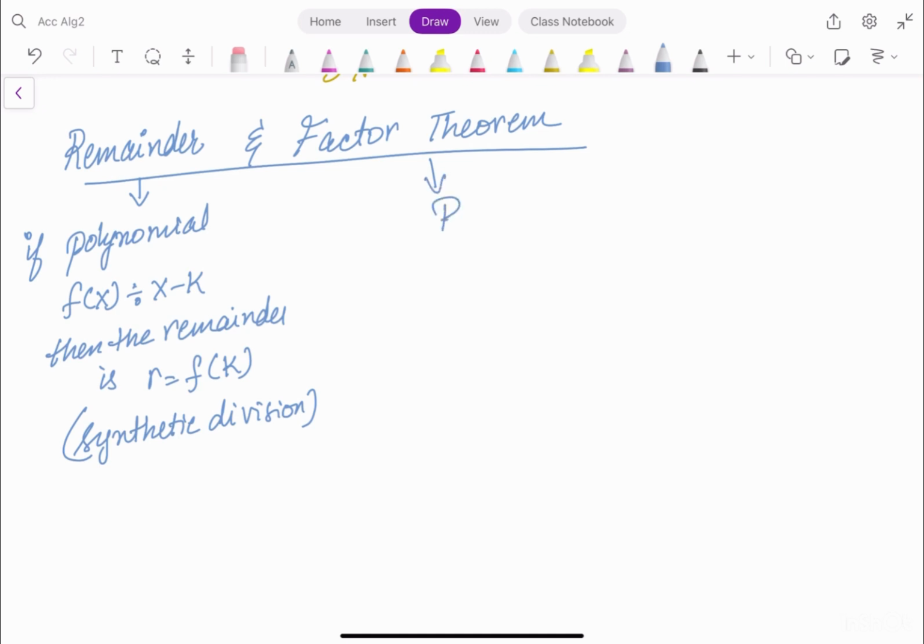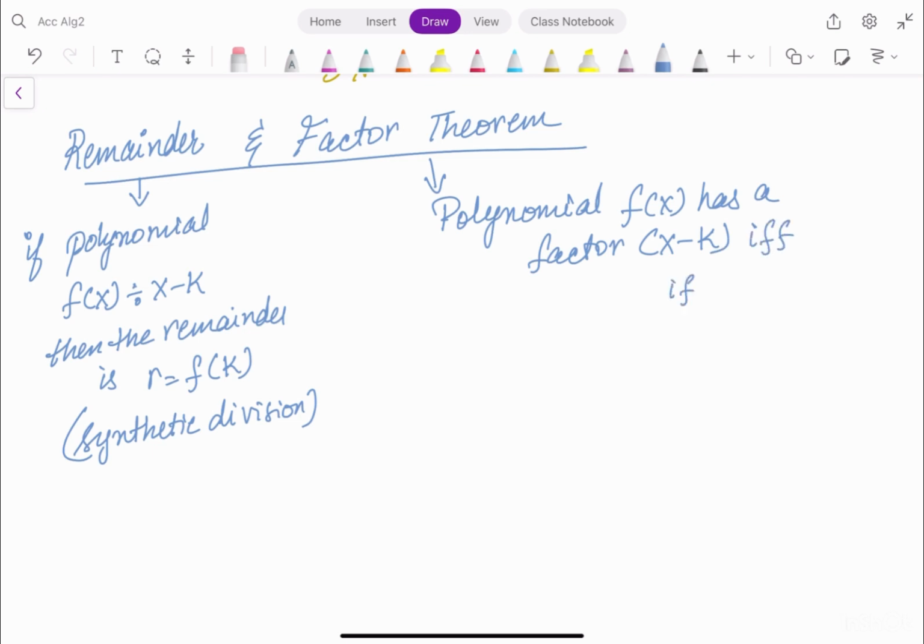Right. Then the factor theorem says a polynomial f of x has a factor which is a linear function x minus k if and only if f of k is equal to 0.